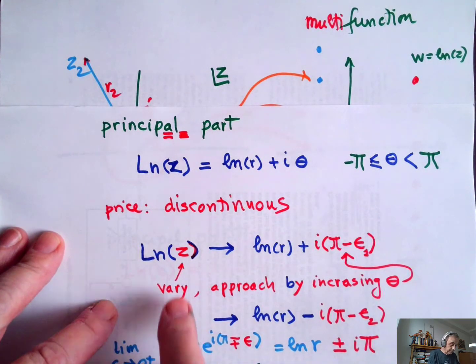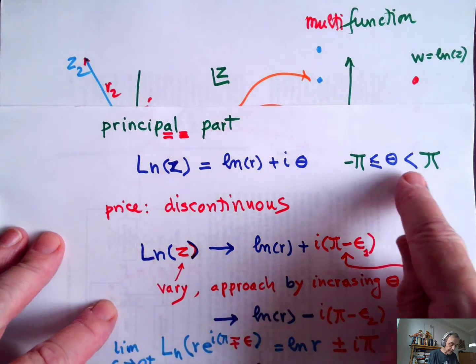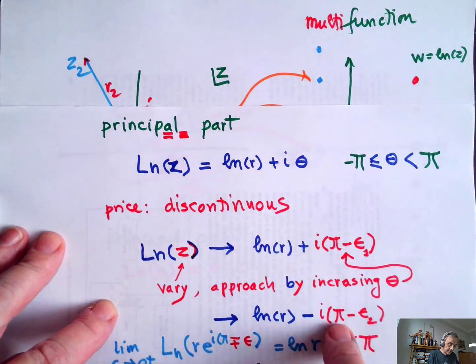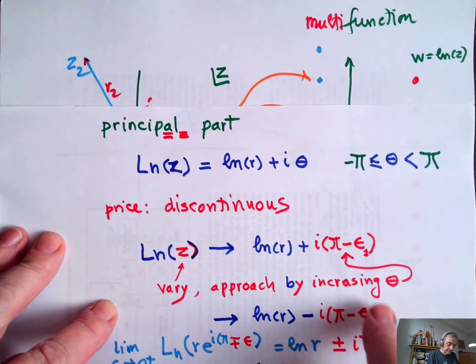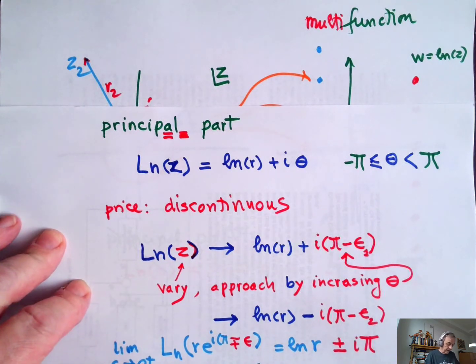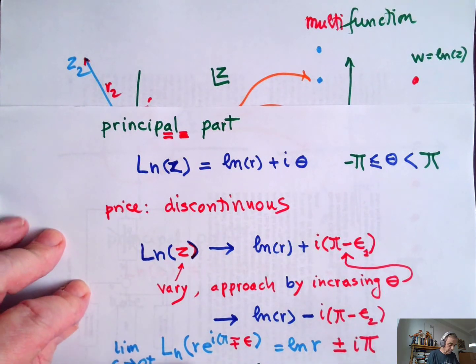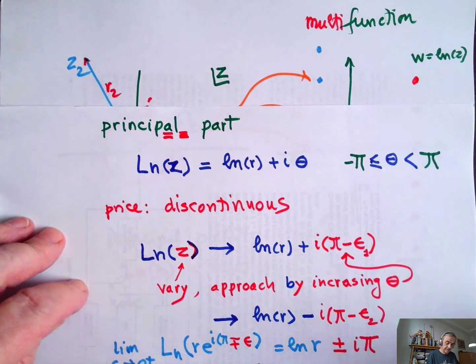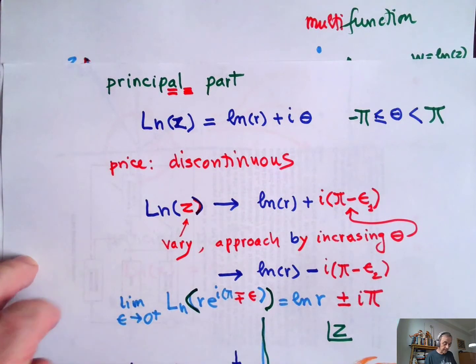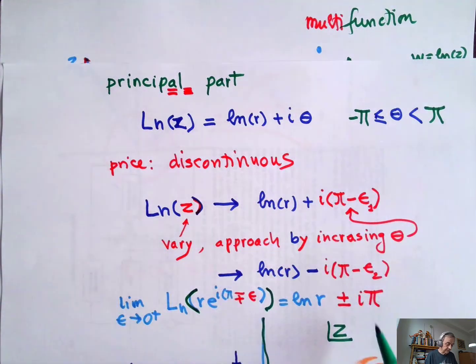You can also vary z in such a way that you decrease theta until you are at minus pi, almost, so slightly more than minus pi. And if you look at the limit of plus pi and minus pi, if you take the same epsilon as you approach the limit, you either get the positive end of the interval or the negative end of the interval.